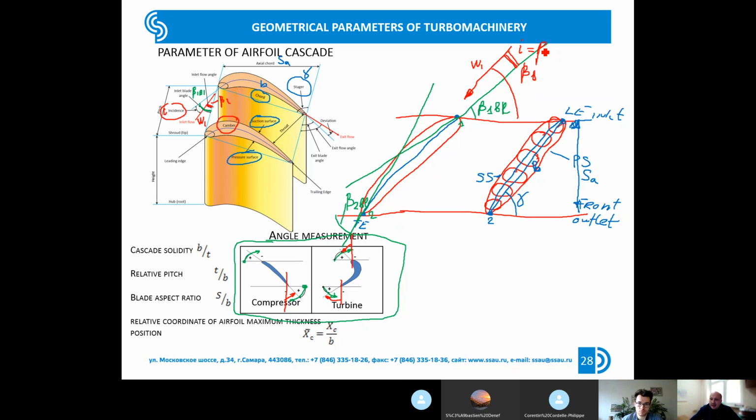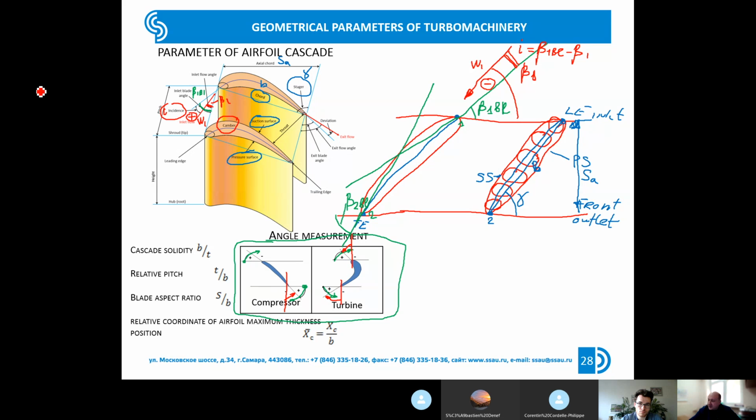It could be calculated as beta 1 blade minus beta 1, and it means that this angle has a sign. It could be negative or positive. For example, in my picture, the incidence angle is negative. If we look at this picture, here the incidence angle is positive.